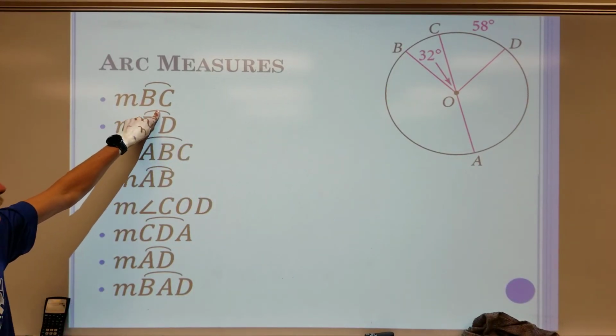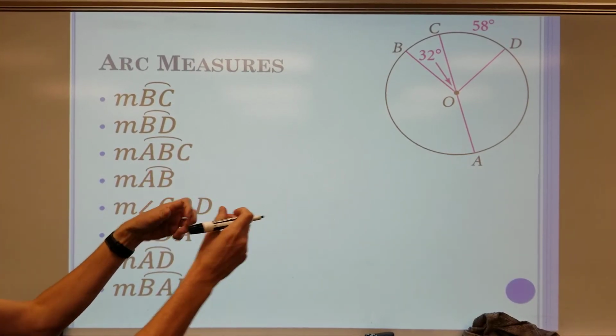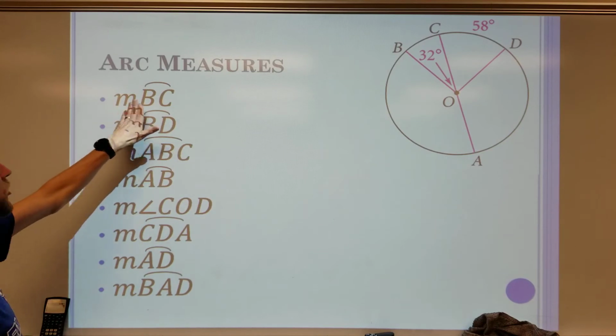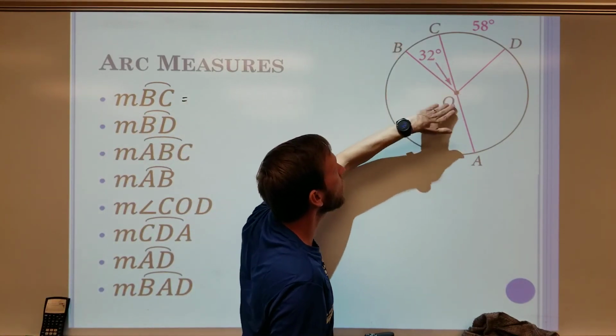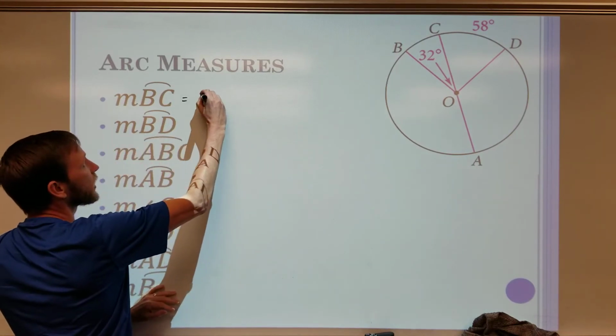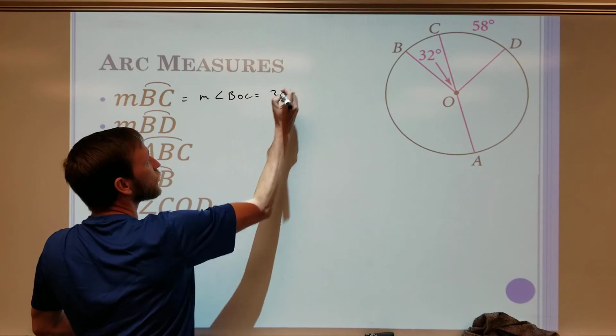All right, just like when we're talking about the measure of an angle in degrees, we put the little m in front of that angle name. The measure of arc BC is going to be the same as the measure of the central angle BOC, which in this case, the measure of angle BOC is 32 degrees.